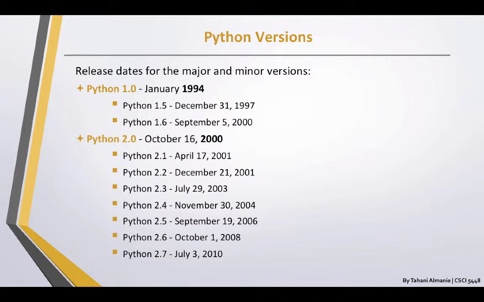This release included list comprehensions and a full garbage collector, and it was supporting Unicode.